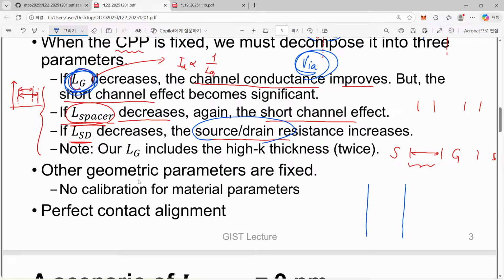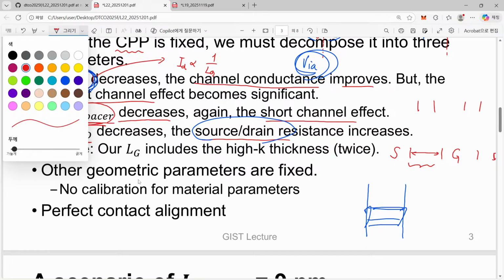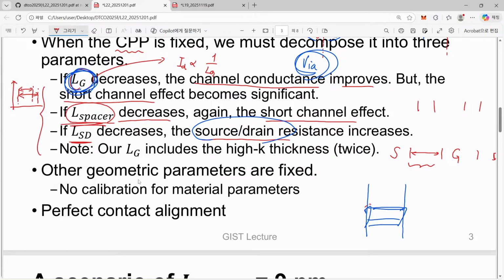For our FinFET, let's say this is our fin, then we make an extremely thin silicon dioxide layer, and after that we deposit our high K layer all over this structure.